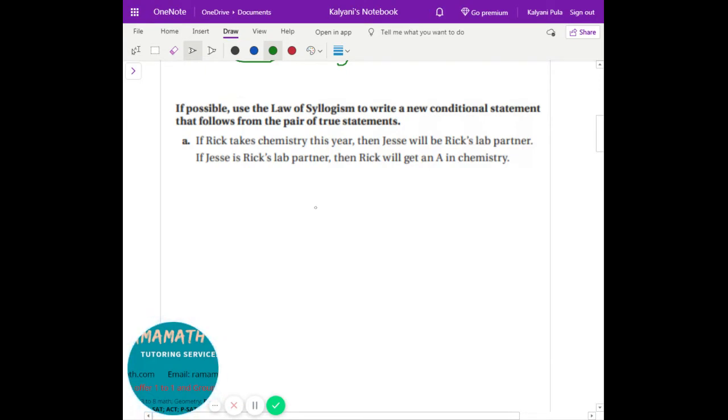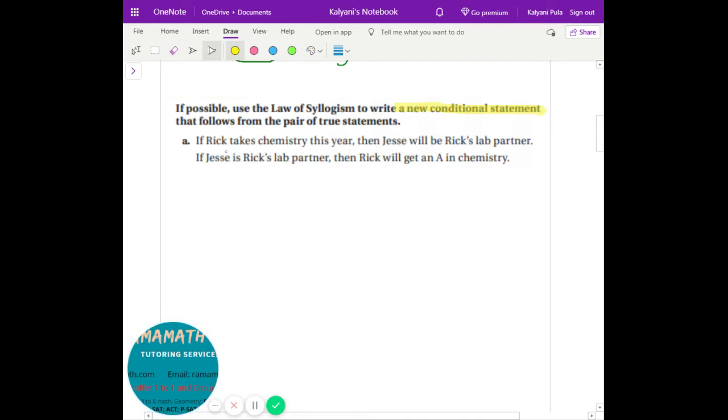That's true, but it doesn't say Jesse is smart, so we don't know if he actually will get an A. So in this one, if possible, use the law of syllogism to write a new conditional statement that follows from the pair of true statements. They give you two true statements, and from that you're creating a new conditional statement.